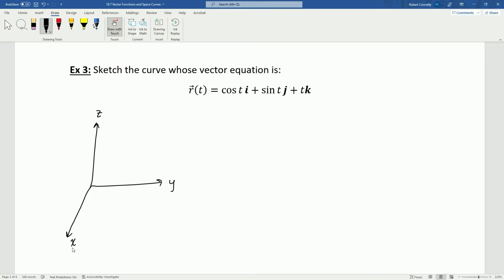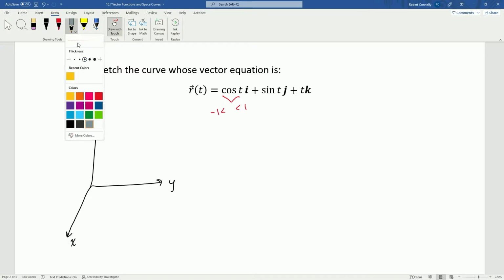So, well, let's take a look at a couple things we can figure out. So cosine of t has to be between 1 and -1. So that tells us that the x value that we get has to be between -1 and 1.